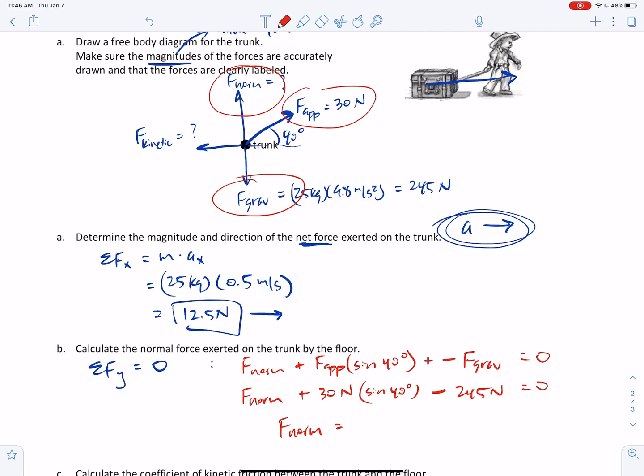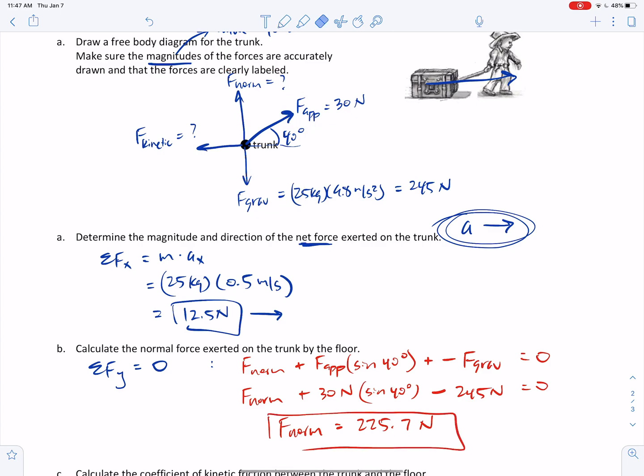So I get 225.7 newtons is the normal force. And I can go ahead and add that up at the top to my free body diagram. So I now know that this is 225.7 newtons.